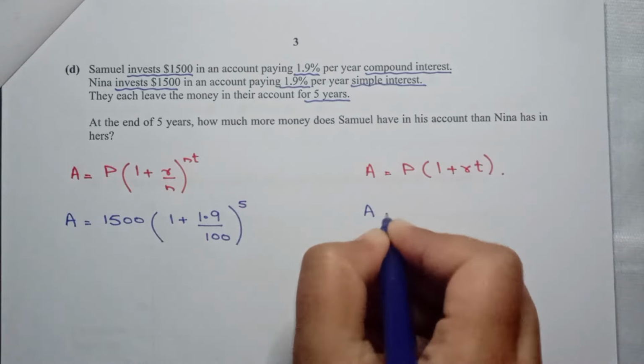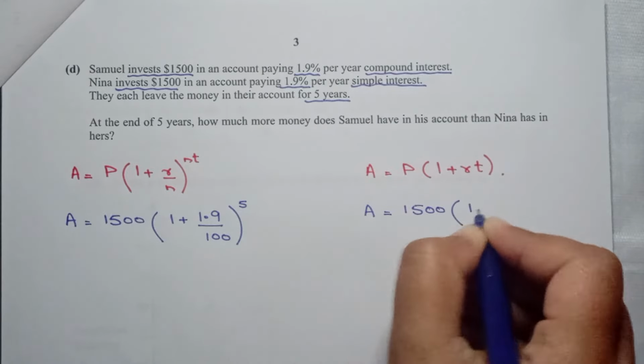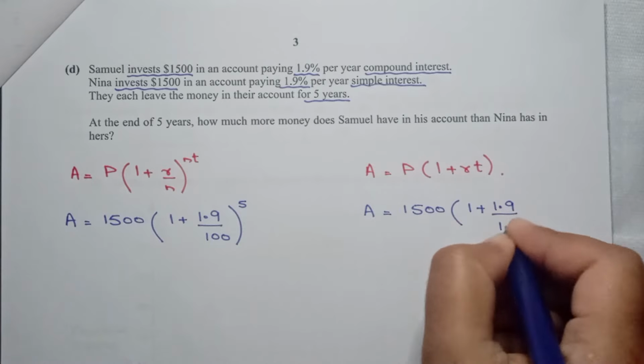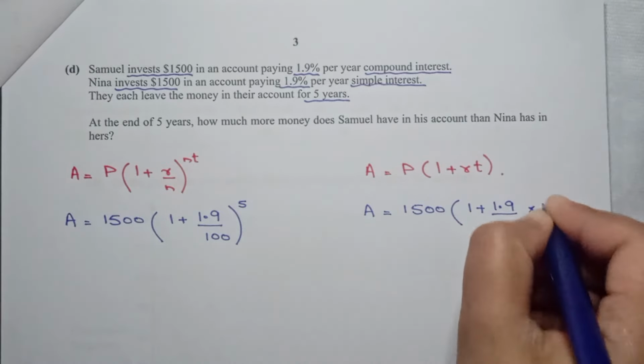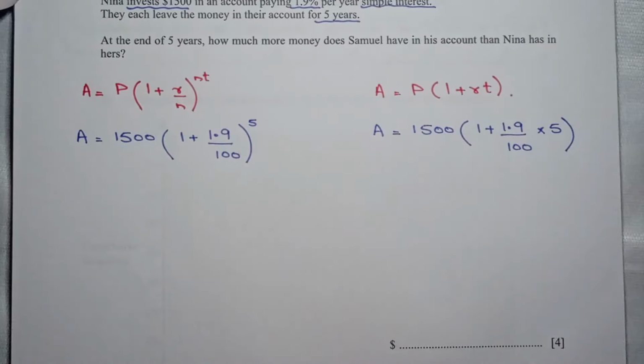And for Nina, the amount would be the principal, that is the investment, times 1 plus r, the interest rate, again 1.9%, so dividing by 100, and the time is 5 years. Now let me simplify both of them separately.